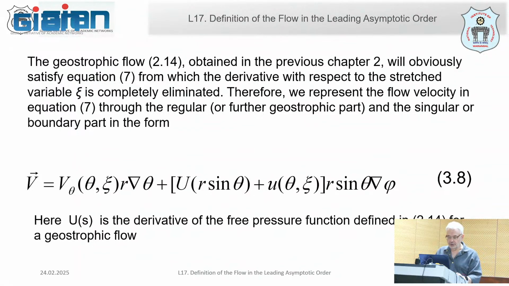So actually, we define the flow near the Ekman boundary layer via three free functions. Here you see that the velocity field, which we are looking for, is defined in terms of three functions which should be identified.